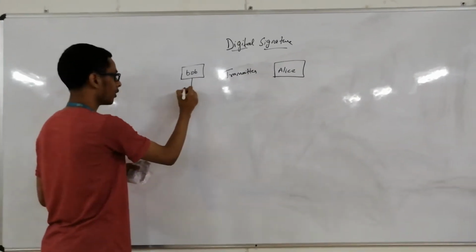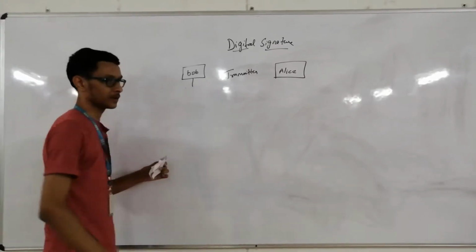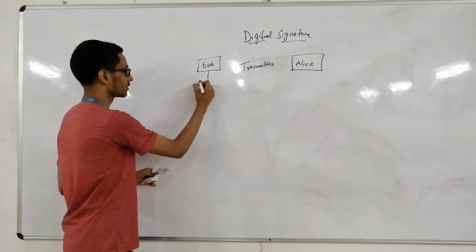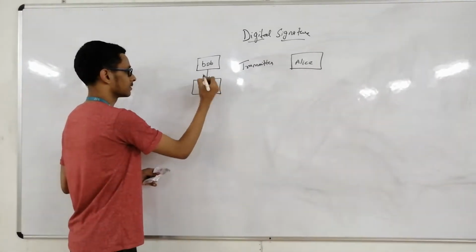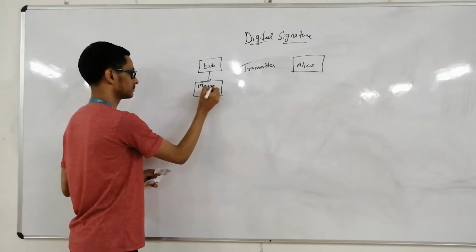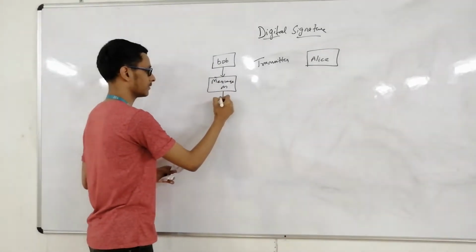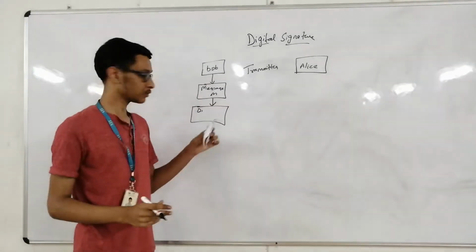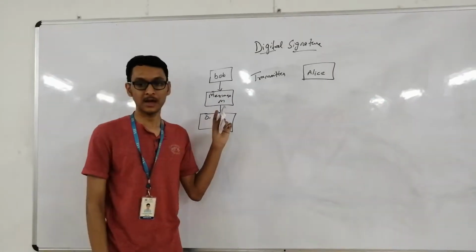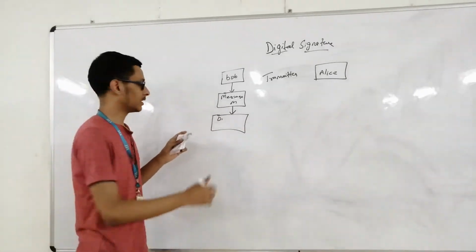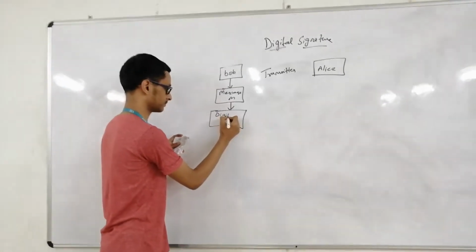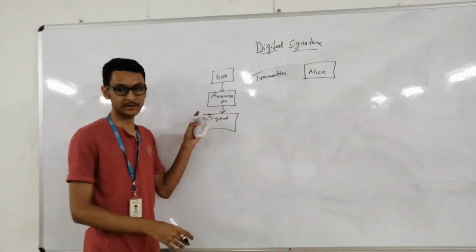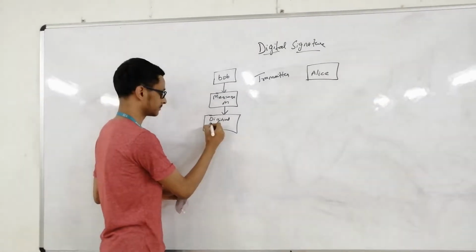Now Bob wants to put a signature on a message. So how can he do that? He has a message M, and that message M becomes an input to the digital signature algorithm.